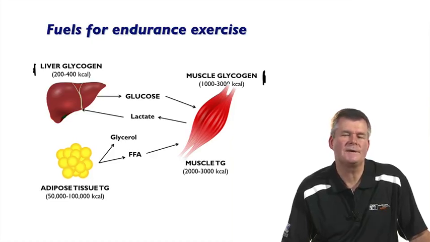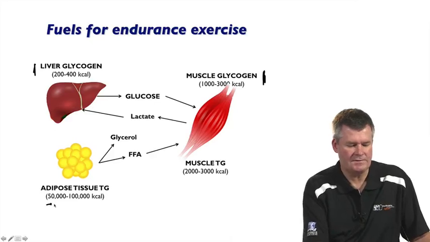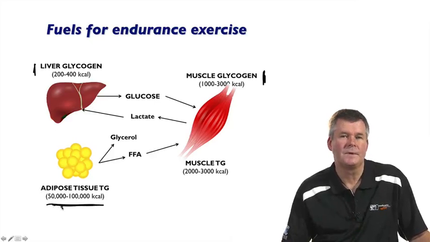In relation to fat, this is the primary energy store within the body, most of which is found within the adipose tissue. And the triglycerides stored in the adipose tissue can be broken down, liberating glycerol, which can also be used in gluconeogenesis in the liver, but importantly for contracting muscle, the free fatty acids, which travel in the bloodstream and can be taken up by the contracting muscle.